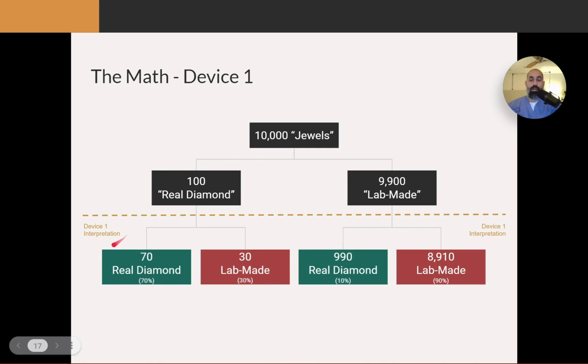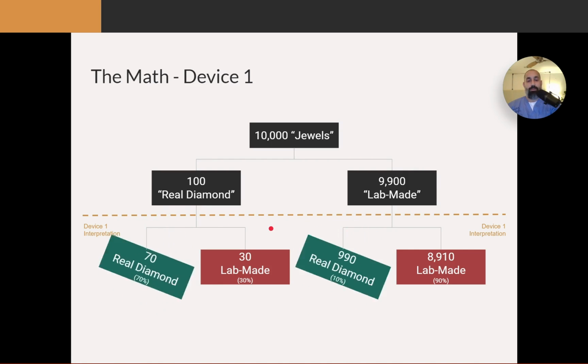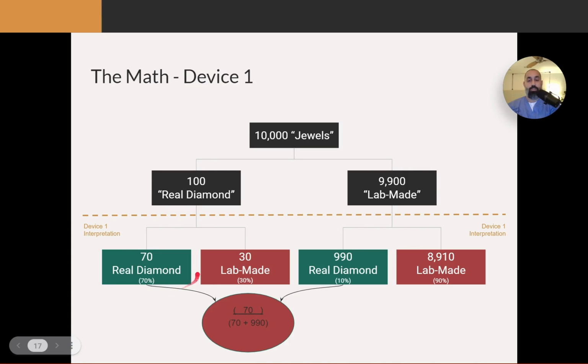We take all the times where the device says that it's real, these in green here. And out of all of those times, we figure out what percent of the time it's correct. So we take 70, which is the number of times it says it's real and it is correct, and we divide by 70 plus 990, which is the total number of times it says it's real.